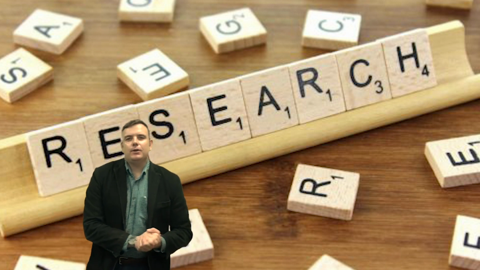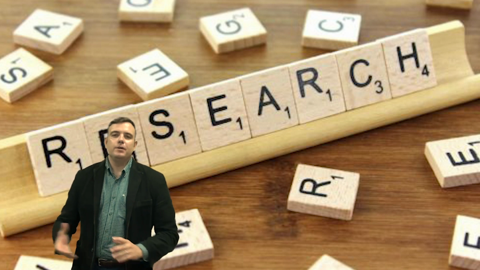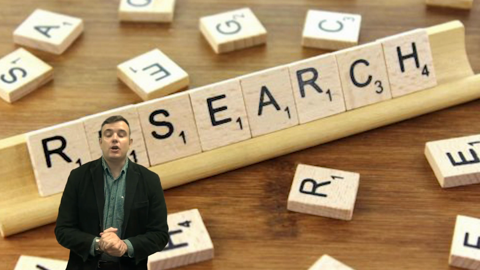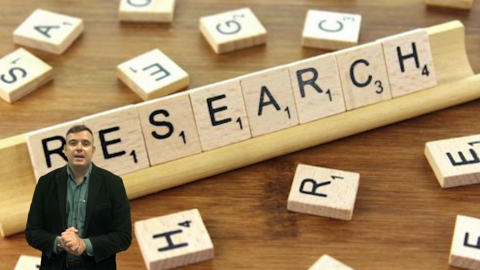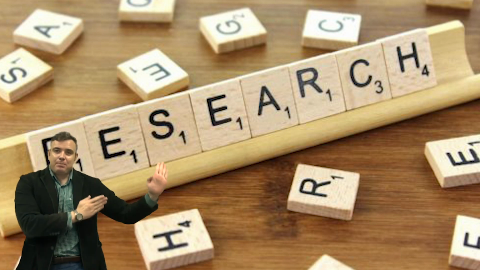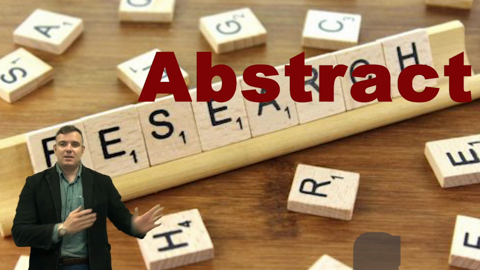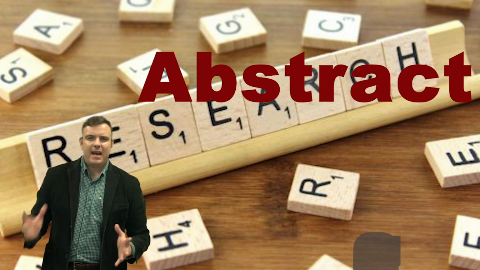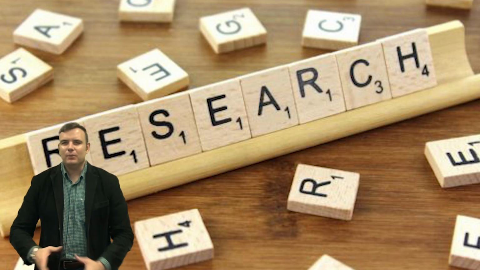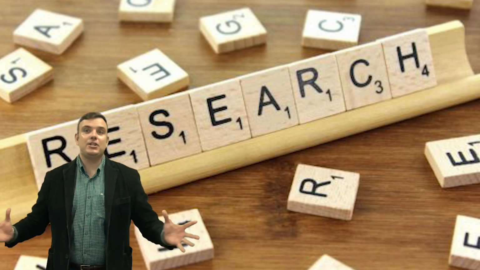Let's look at the first part of your research post or research article, which would be the abstract. Now, some of you may be thinking, abstract, that sounds kind of weird. What does an abstract actually mean?